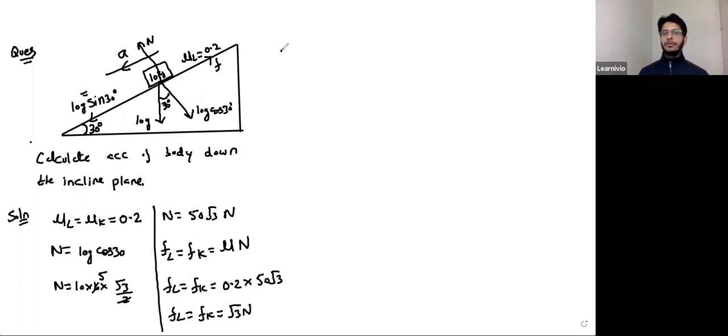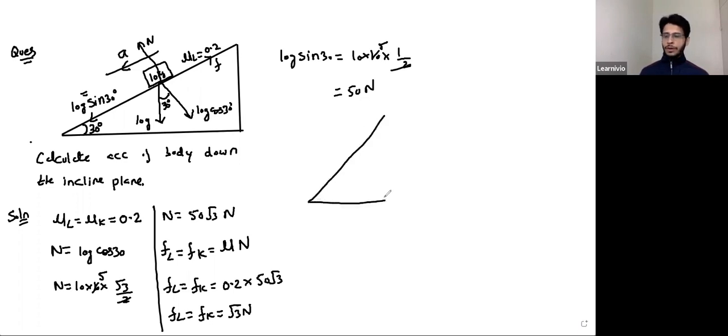Next, calculate the value of this 10g sin 30. 10 into 10, sin 30 is half. So that's 50 Newton. So if I look at this inclined plane, then over this inclined plane, this body of 10 kg is placed. Force of 50 Newton is acting down the plane, and a frictional force of root 3 Newton is acting up the plane.